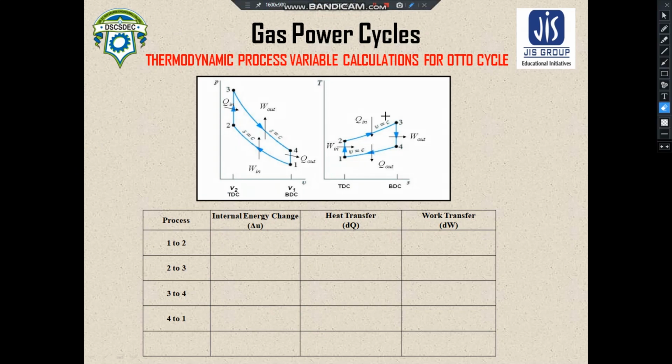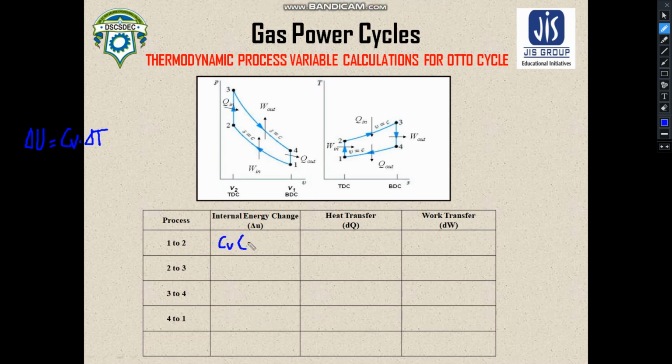In the previous class, while discussing the Carnot cycle, I told you that the change of internal energy is always given by this formula, Cv into delta T. That means Cv, the specific heat at constant volume, into the change of temperature. So if you consider the process 1 to 2, it will be Cv.